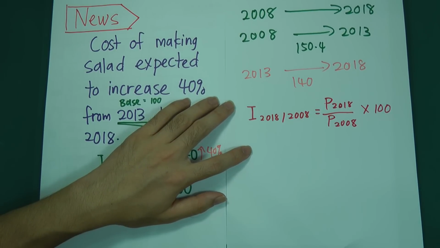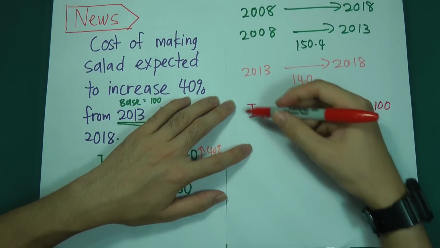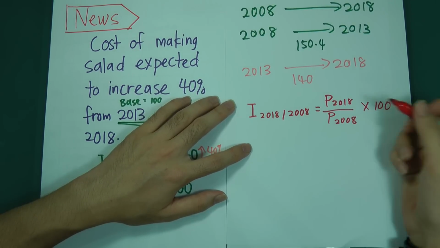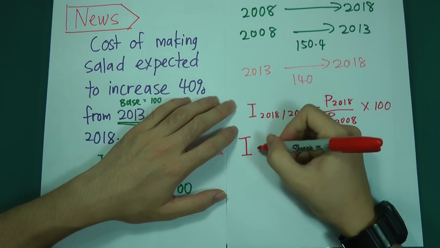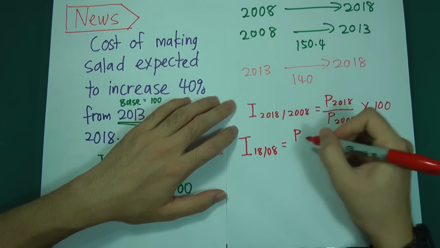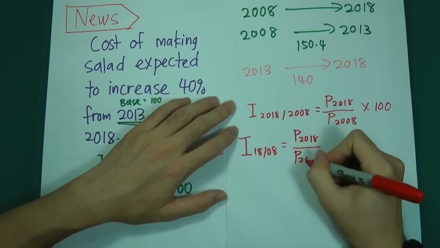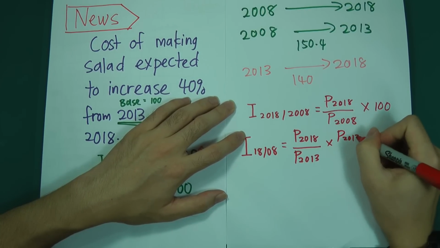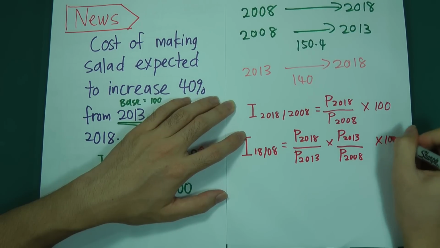Okay, but the problem now is we do not have the specific price over here, so we cannot find. If we cannot find, then you will have to use this formula. Index number for 2018 based on 2008 will equal to price for 2018 divide the price for 2013 multiple price for 2013 divide the price for 2008 multiple 100.